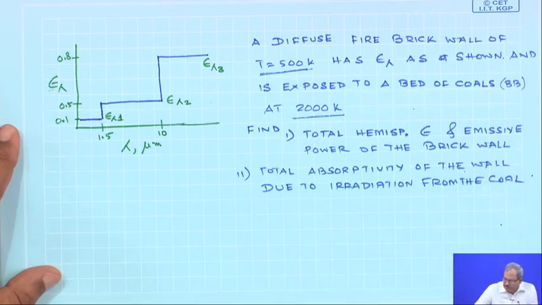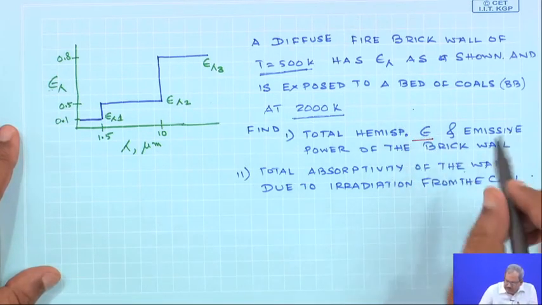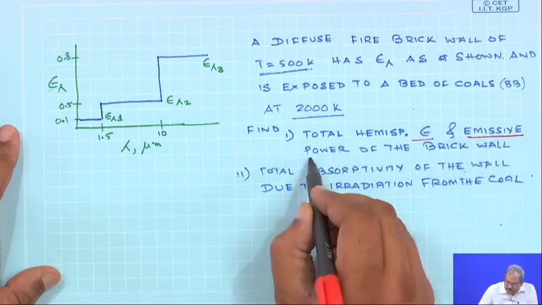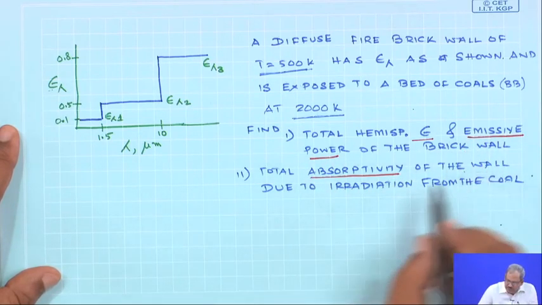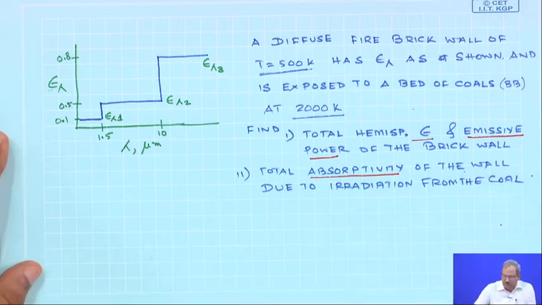So, these are the two. I need to find out epsilon, the emissive power of the brick wall, and the total absorptivity of the brick wall due to irradiation from coal.